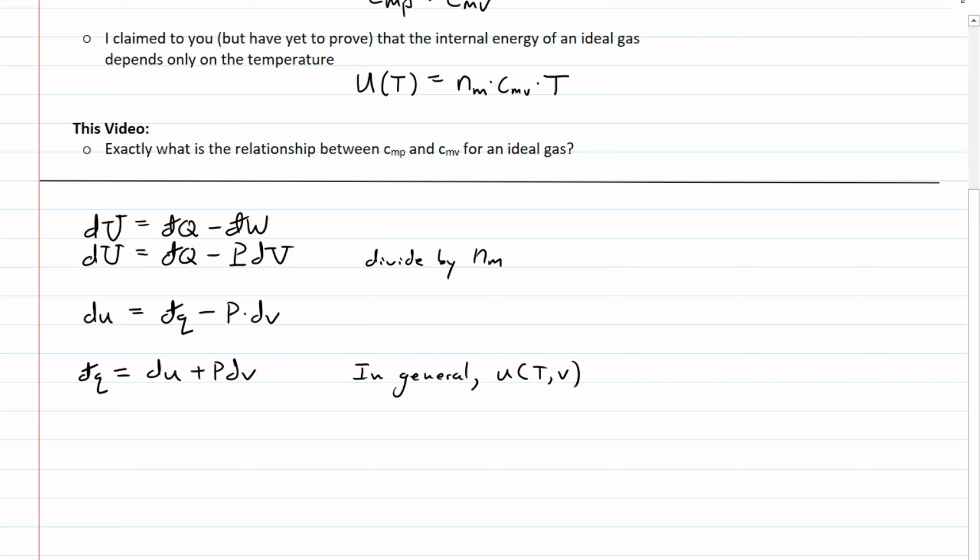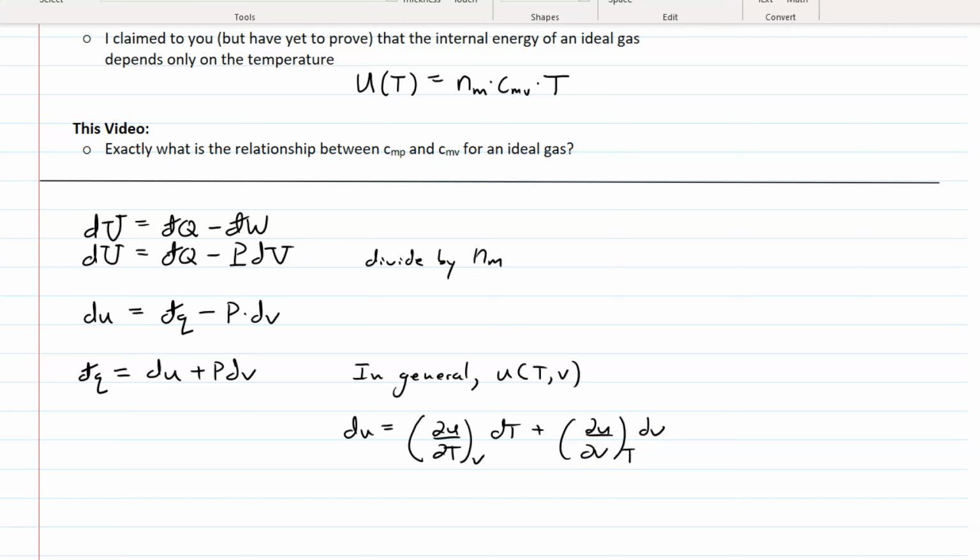Now, for an ideal gas it is in fact a function of just T, but let's take a more general situation first. So that means that du can be written as an exact differential: the partial of u with respect to T at constant v times dT, plus the partial of u with respect to v at constant T times dv. And then I substitute this equation in here.